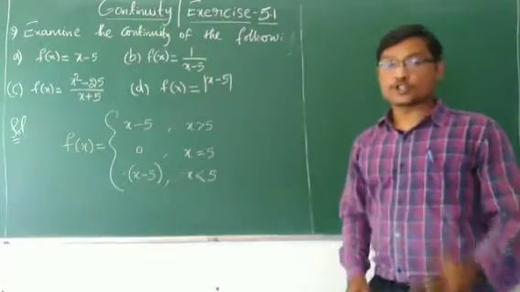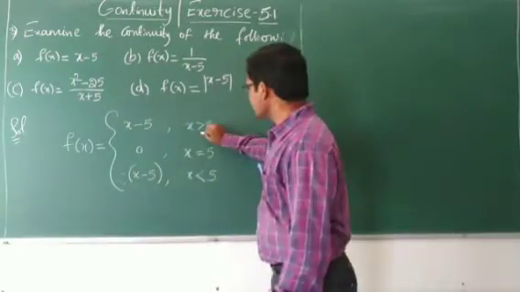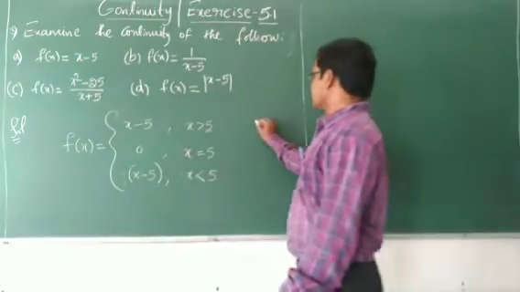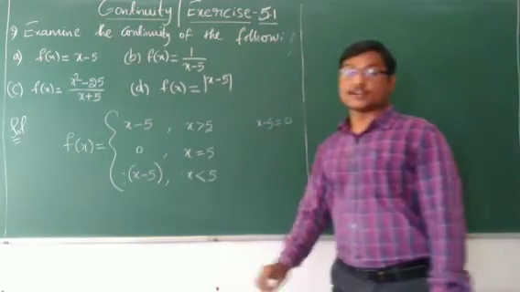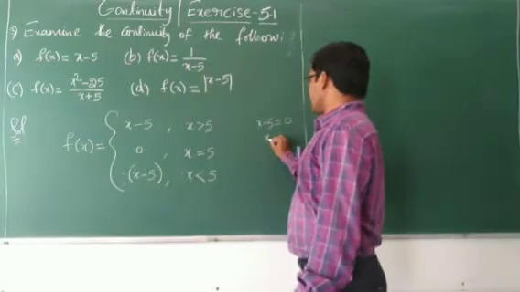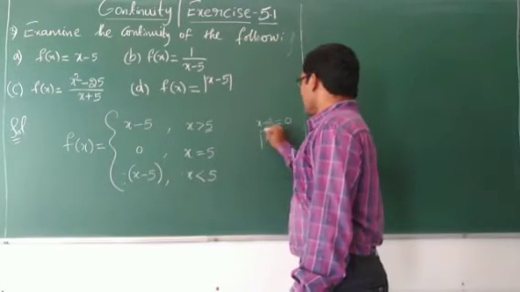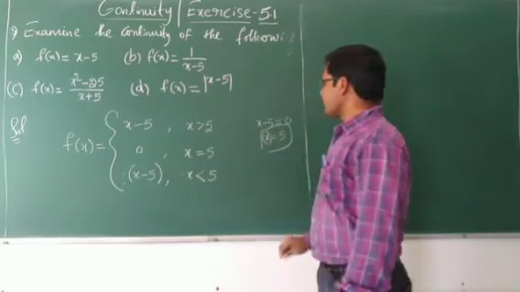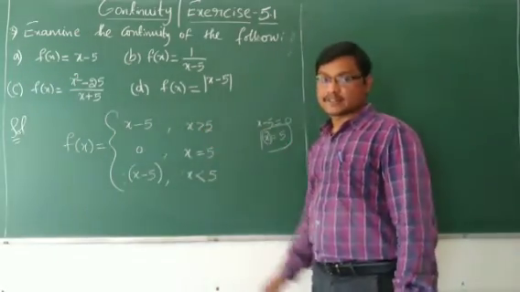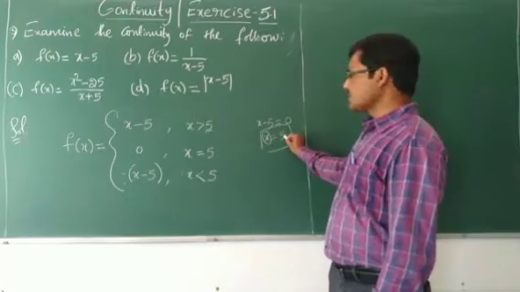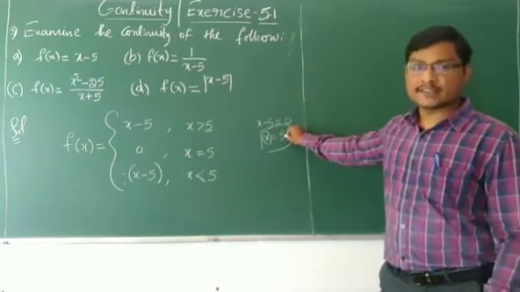At what point should you consider? It is simple. You need to take x minus 5 equal to 0. When you take x minus 5 equal to 0, find out the value of x. For that value of x you can get greater than and less than. Here I am getting x as 5.